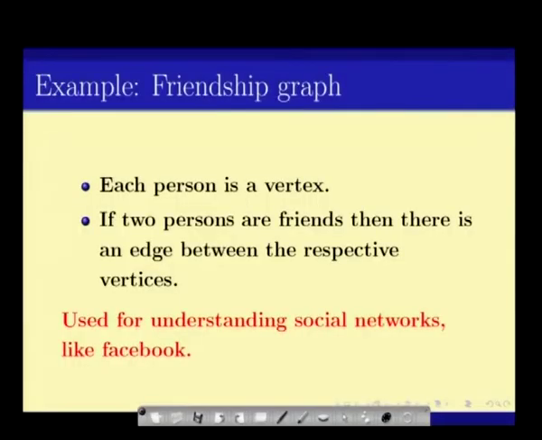One can represent each individual profile as a vertex. If two profiles are friends with each other, then we draw an edge between them, and thus we have a very nice description of how the whole of Facebook looks.